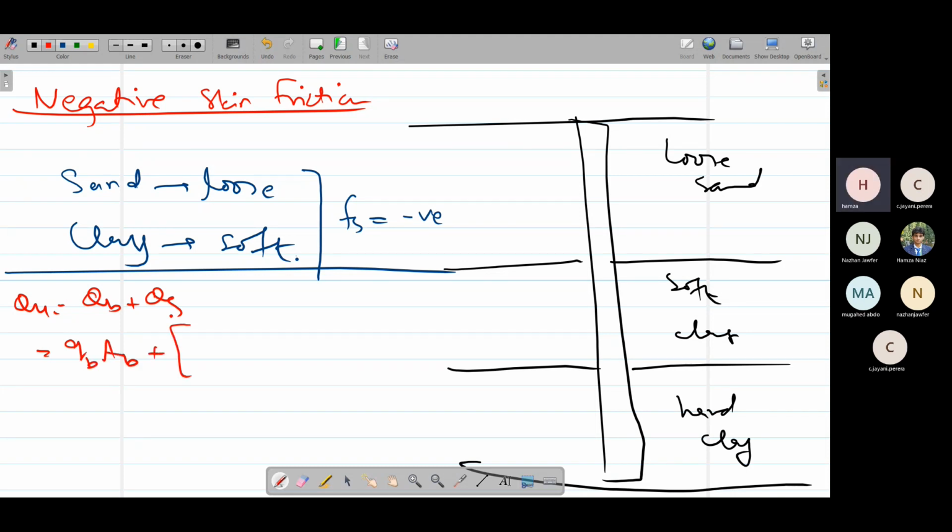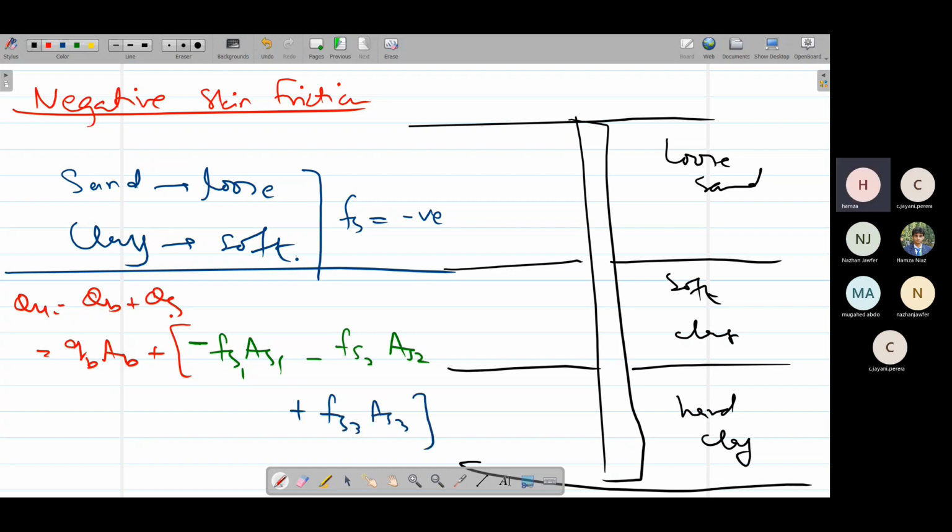Now the sum of Qs would be, for the first layer, Fs1 into As1, just like we did before, just the difference would be negative Fs1 As1. Second layer would be negative Fs2 As2 because it is soft clay. The third layer, because it is hard clay, would again be positive, Fs3 As3.